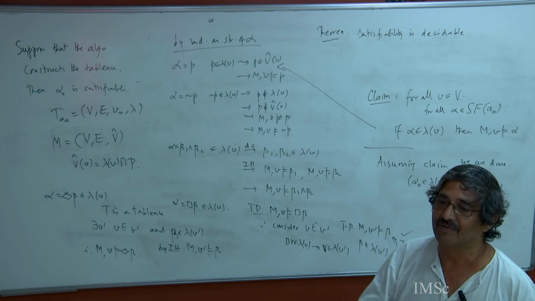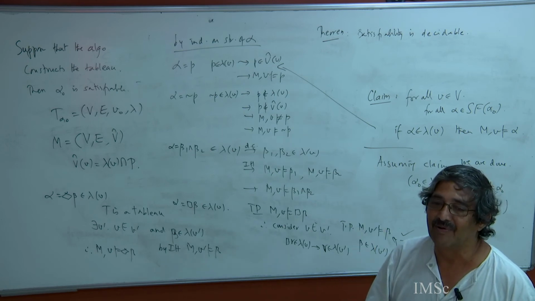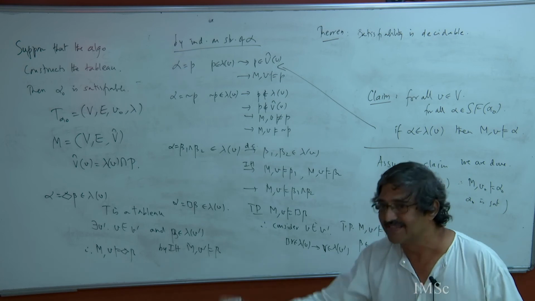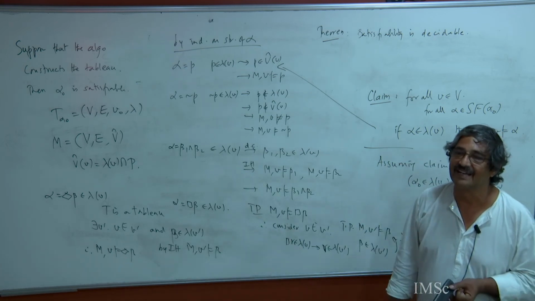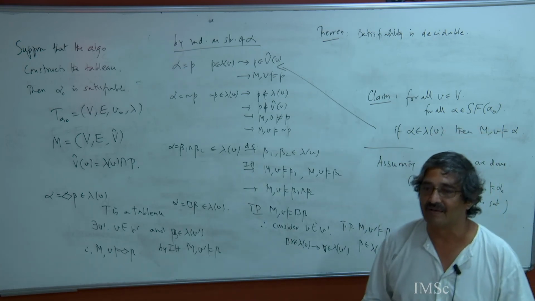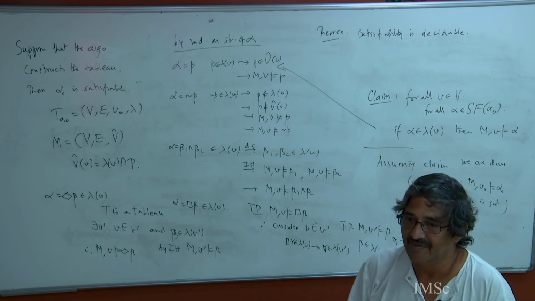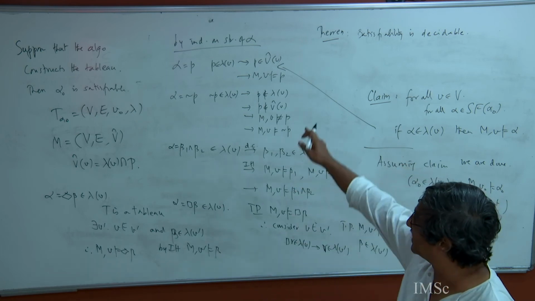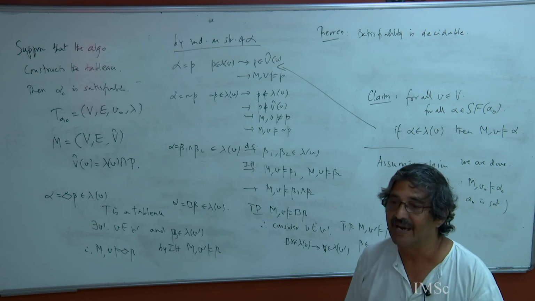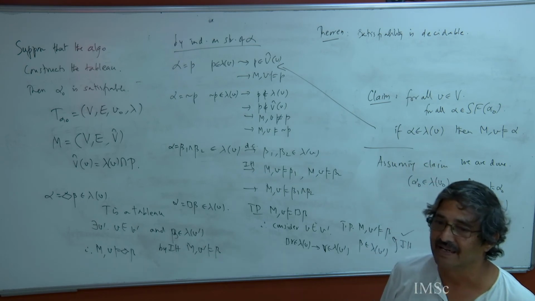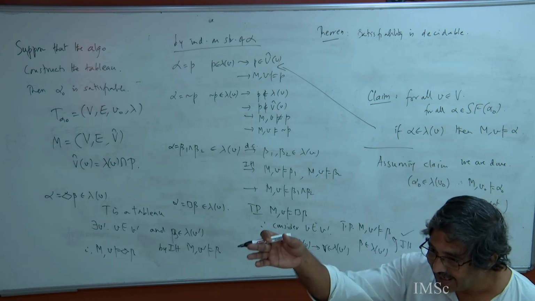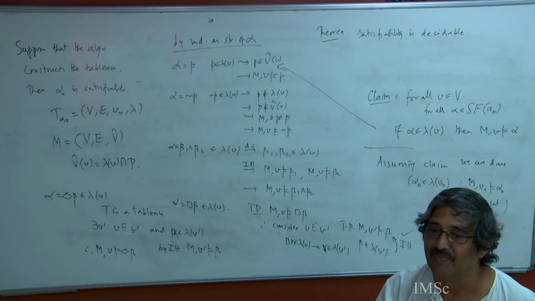Now I can do an algorithm. Remember that the depth is linear. So I can look at a Turing machine which is non-deterministic, because a lot of guesses are being made, but it can explore the tree depthwise.